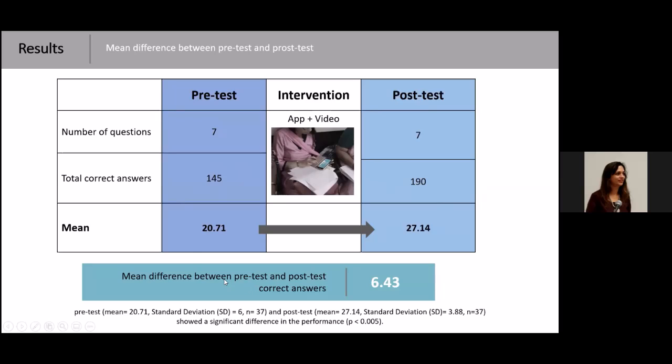I won't go into detail of each and every number, but just want to highlight that there was a good difference between the mean of the pre-test and post-test. I did that just to understand whether they learned something when I gave them the intervention. Did their knowledge gain or not?